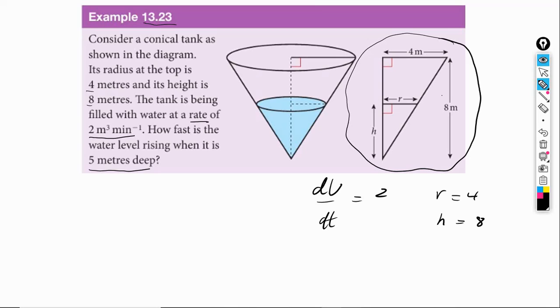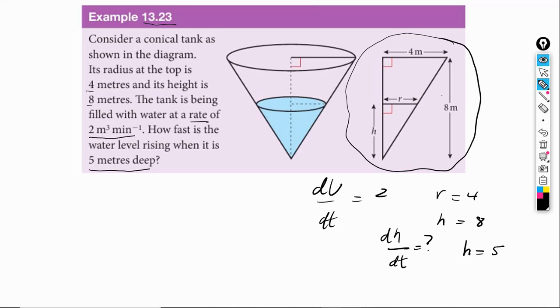And they want us to find how fast the water level is rising. So they want the rate of change of the height, when the height of the water is 5 meters. So this is what we have from this problem.